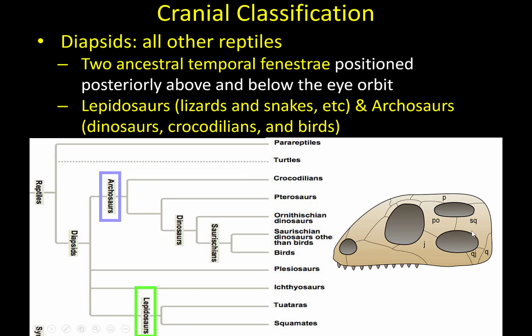Okay? You see this cranial state in the lepidosaurs, which is the clade that includes lizards and snakes, and also our old friends, the archosaurs, which include the dinosaurs, the crocodilians, and the birds. You can see the lepidosaurs down here. Okay, so here are the diapsids. Follow this line and you get to the lepidosaurs. Okay? Follow this line and you get to the archosaurs.